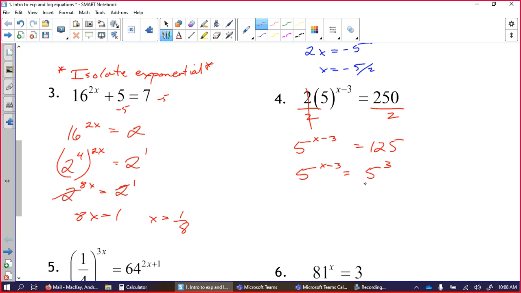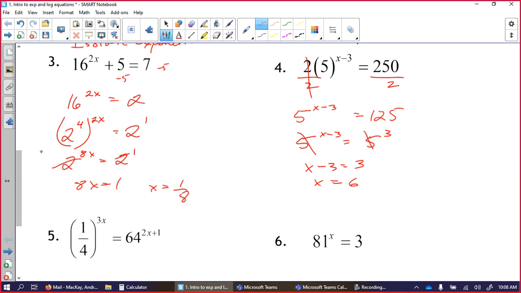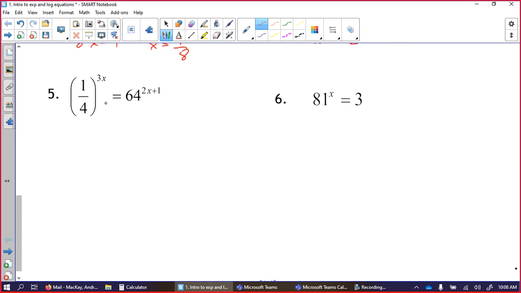That's 5 cubed. Get rid of those. And then we go to grade 9. x equals 6. 5 cubed times 2 equals 250. We can do all sorts of different ones in this sense.